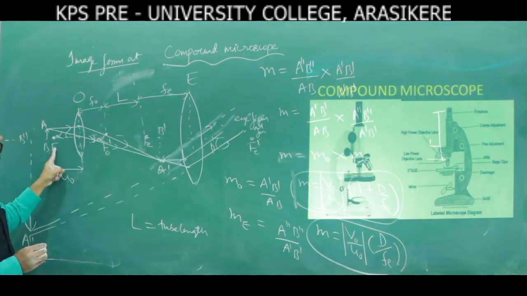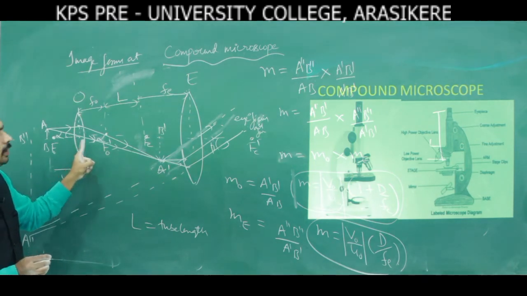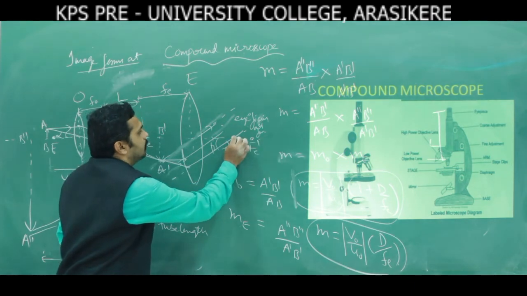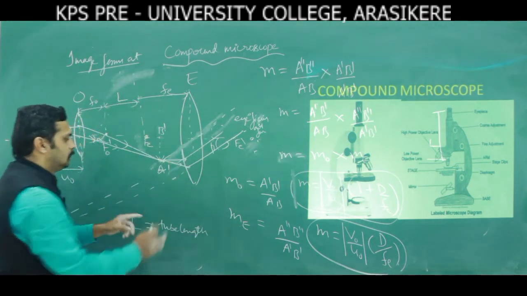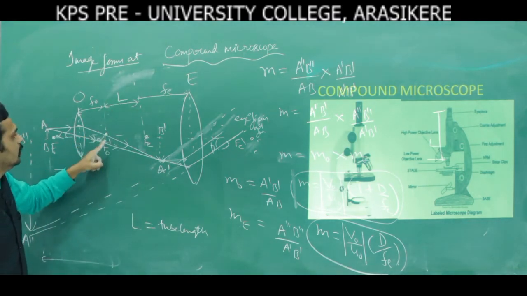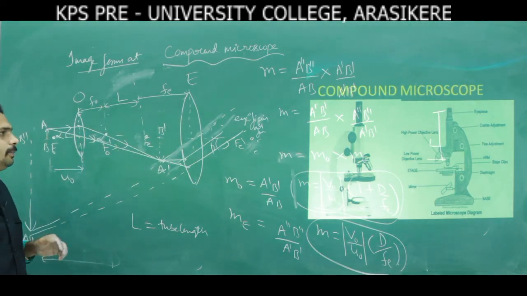This is the first focus point of the objective lens, second focus point of the objective lens. The first focus point of the eyepiece lens, the second focus point of the eyepiece lens. You got it? Now I am going to define what is tube length. It is the distance between the second focus point of the objective lens and first focus point of the eyepiece lens. May I clear this?